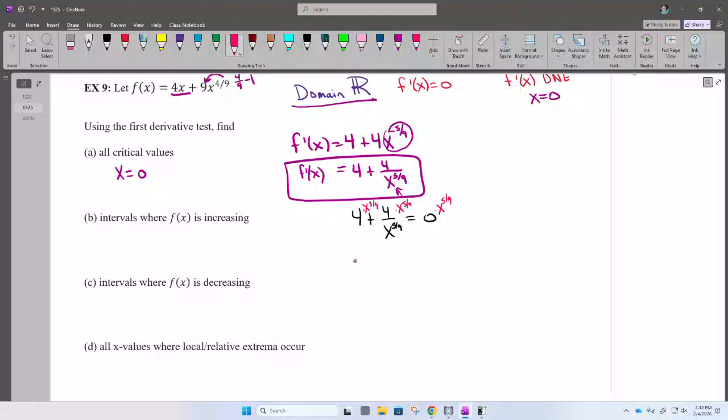And what that does for me, my first term becomes 4 times x to the 5/9. But my middle term, it cancels the denominator. So I just have 4. And then on the right side, I have 0 times that, which is 0. So I multiplied everything by the denominator in order to get rid of the denominator.